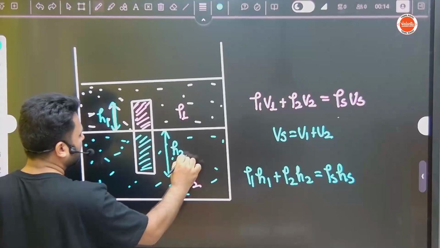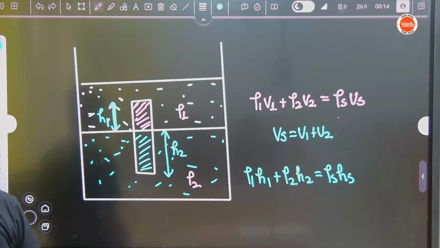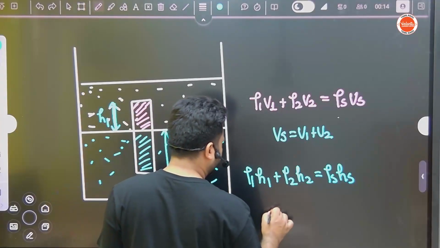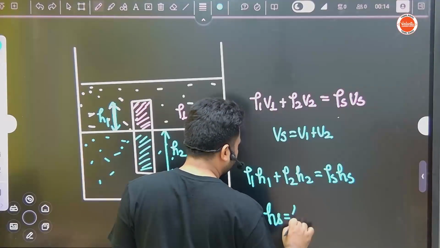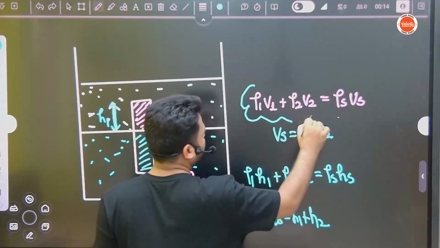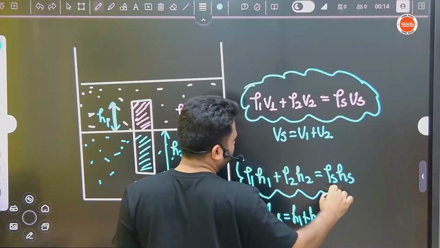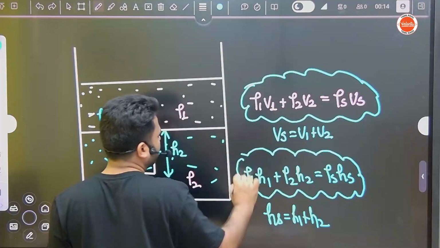And HS is the complete height of the solid. HS equals H1 plus H2. Remember these two equations. Very important. They can be asked this year.